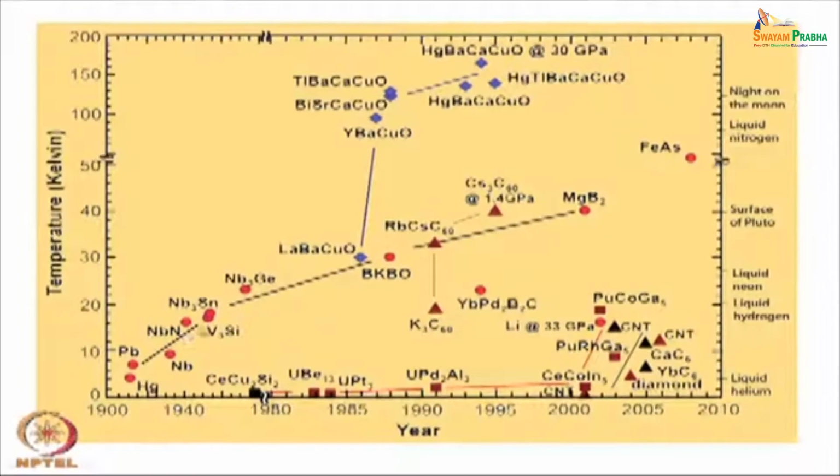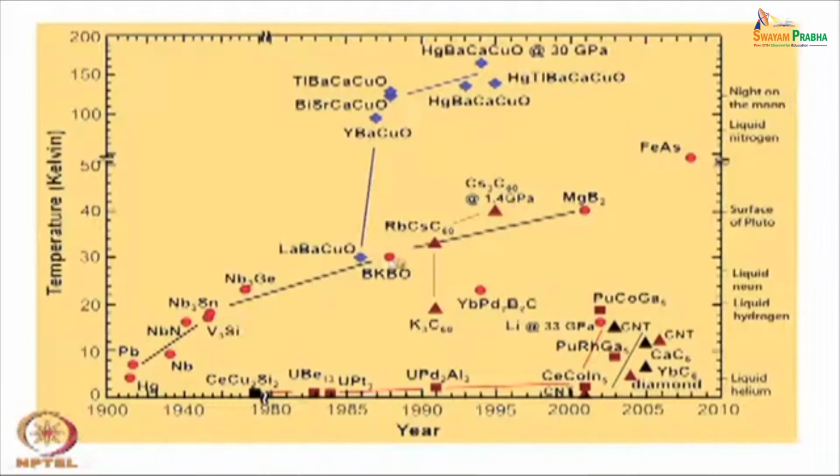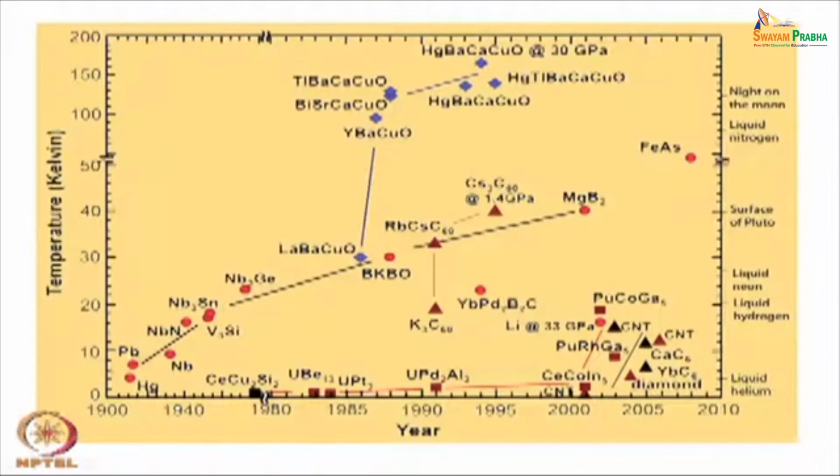But the main group is here, which are more industrial or application related materials. The highest in this area, elemental or intermetallic compounds, is magnesium diboride.